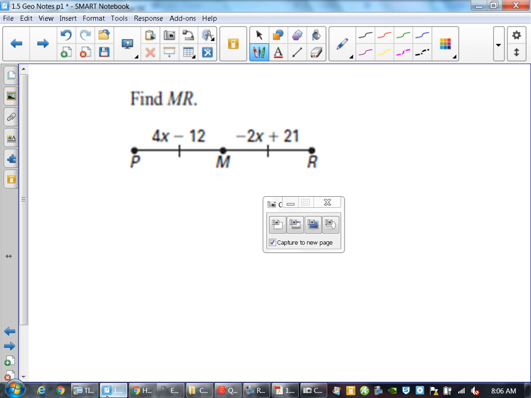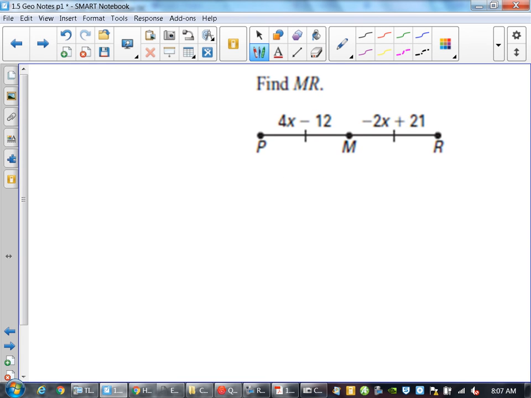Okay. So when we write that out, we have 4x minus 12 equals negative 2x plus 21. Pick on the little guy first. Add 2x to both sides, and at the same time I will add 12 as well.